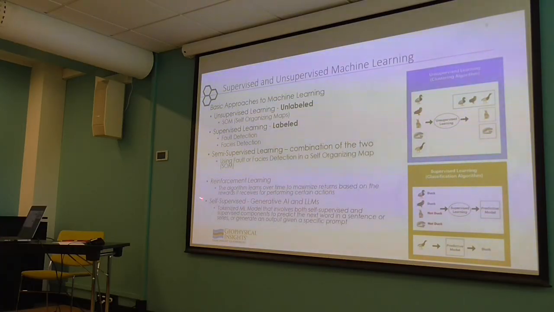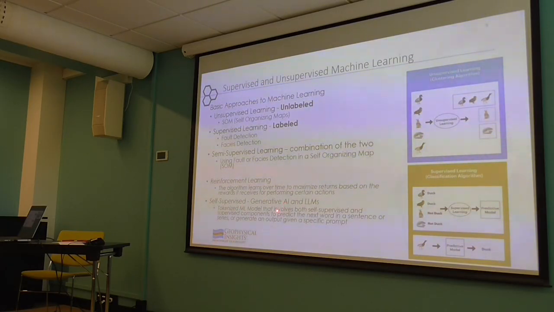And then self-supervised learning, which is what a lot of the generative AI and LLMs are. The way they work is you train it using, say, a document, and you don't need to put labels on it because it's self-supervised. Say I'm trying to train on the word ML, it'll know because it has the word tokenized model. It's already self-labeled because it knows this is here, then following it are those three words.